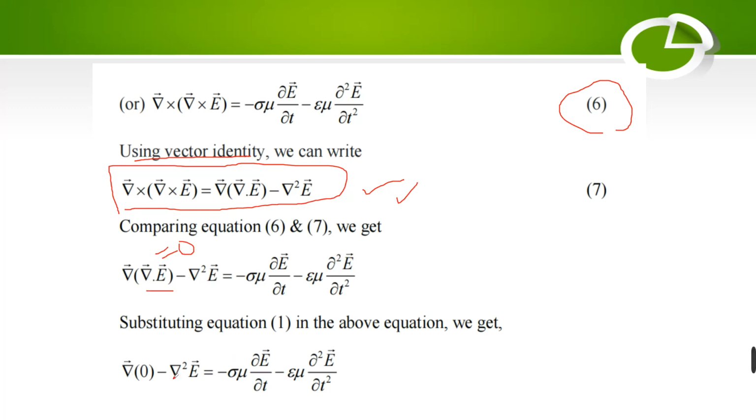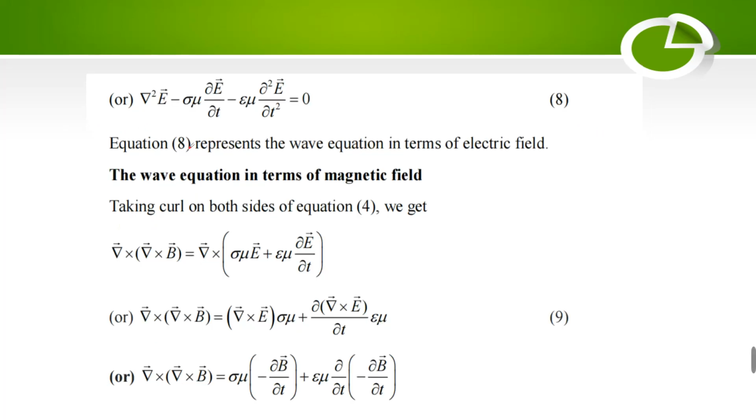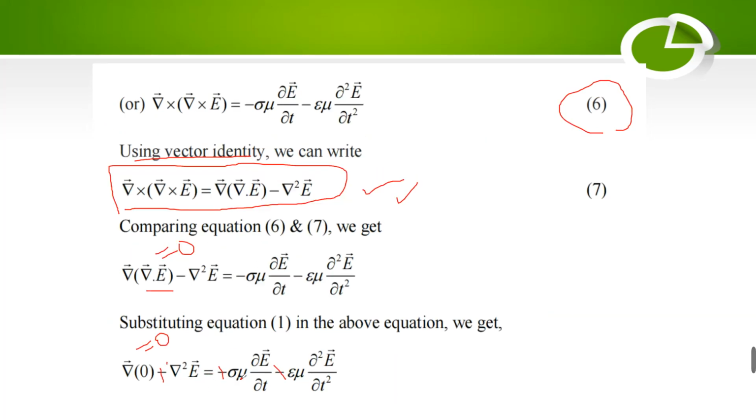Del vector of 0 minus del square E vector is equal to minus sigma mu dou E by dou T minus epsilon mu dou square E by dou T square. So here we have this term will become 0. When we cancel the subtraction on both the sides, all the subtraction will get cancelled and we get a positive term, that is del square E vector is equal to sigma mu dou E by dou T plus epsilon mu dou square E by dou T square.